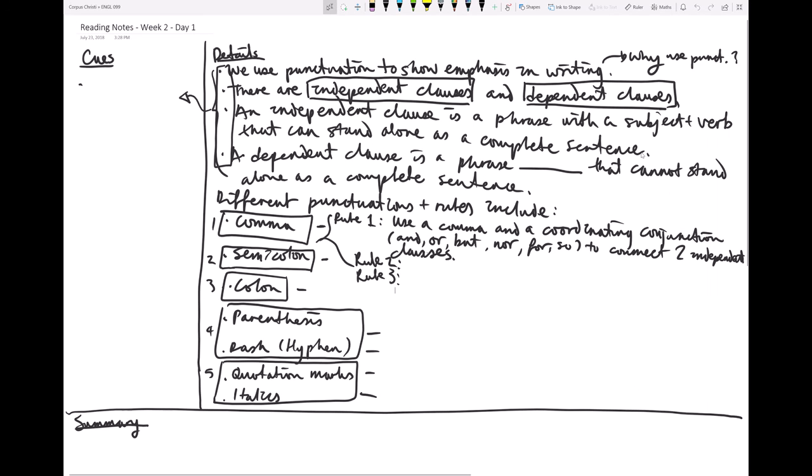Before I do, I'm going to finish my notes. So the cues for my details right now, I have why use punctuation. Maybe that's my cue to help me remember. My other cue is types of clauses, and I have 2 of those. Dependent and independent.